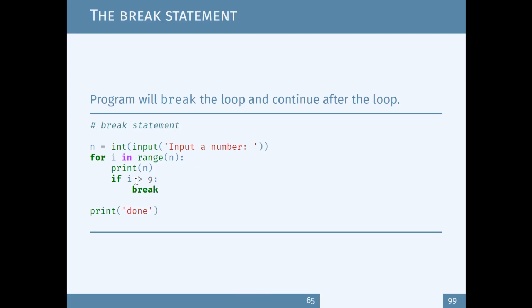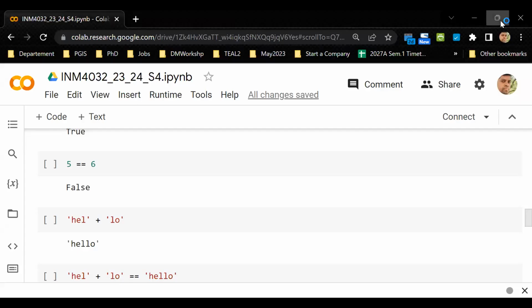Now think about what will happen. If you have a value less than, let's say, 10, it will print everything. Nothing will happen. But if you have more than 10, then definitely it will stop at 10. I think we should look at the execution. So let's work together on this one.